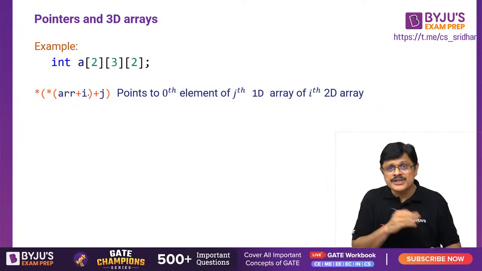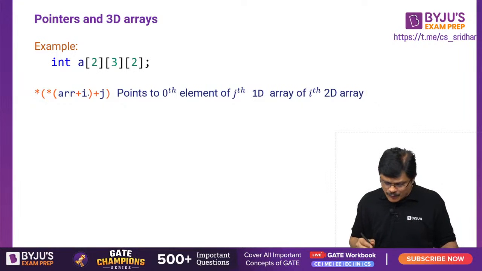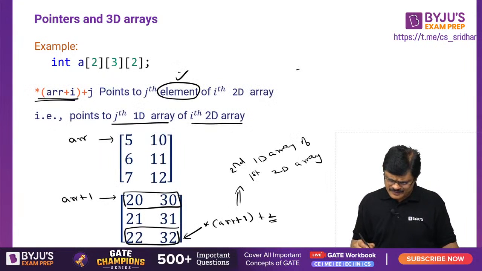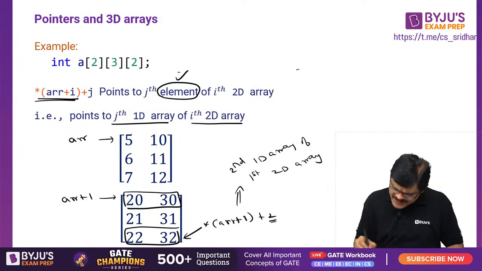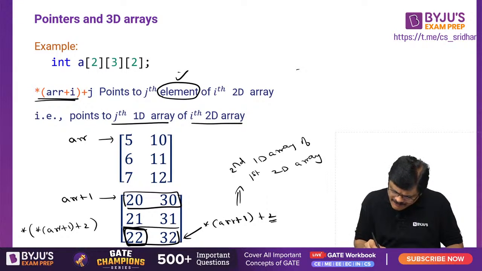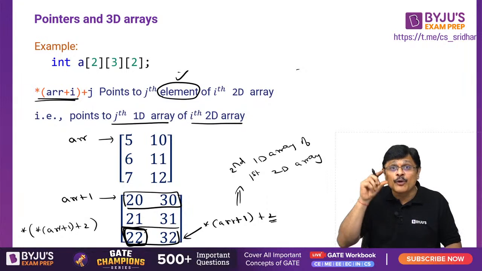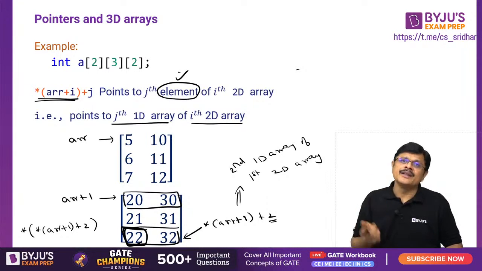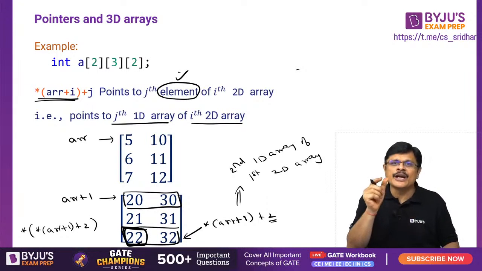So when you do star of this, that is star of star ARR plus 1 plus 2, then you are moving to the 0th element, only address. It points to an integer. Then if you do star of that, you get the value, my dear friend.